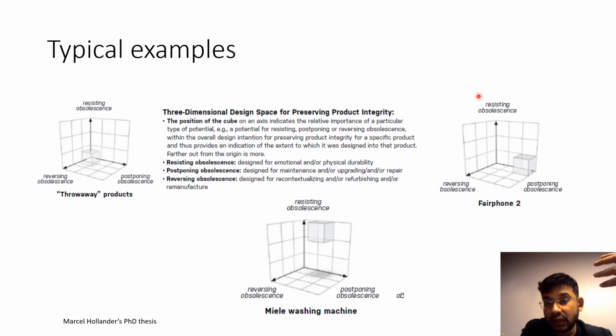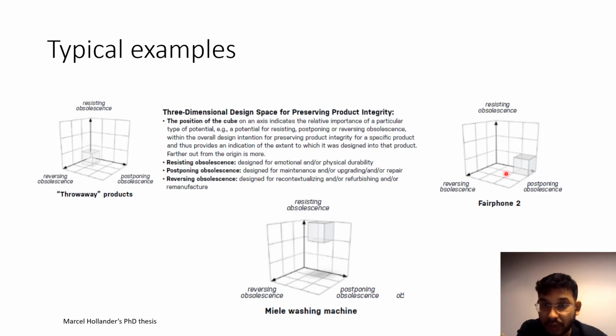How do they do it? How do they try to have this maintenance part? They make it easier for upgrading the phone. They also make it easier for repair, for instance, by creating designs which can be easily disassembled and repaired. That's how they are actually challenging obsolescence. In which quadrant are they?